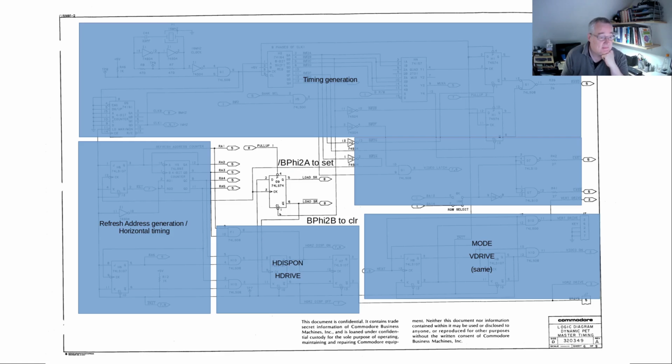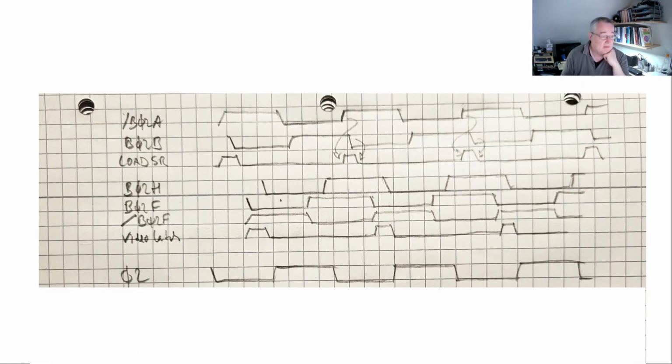This gets high, and then when phase 2B gets low, it's cleared again. Phase 2A inverted gets high, so the load shift register pulse goes up, and then phase 2B goes down, so there's our load shift register pulse.